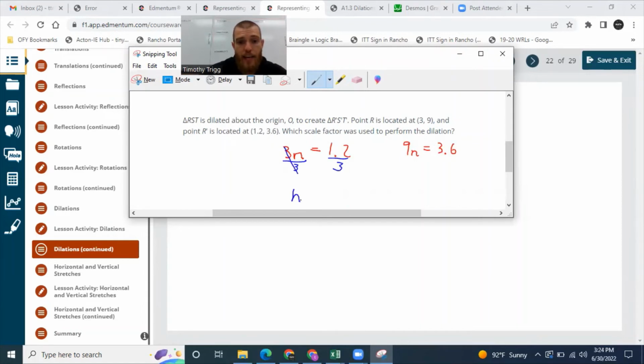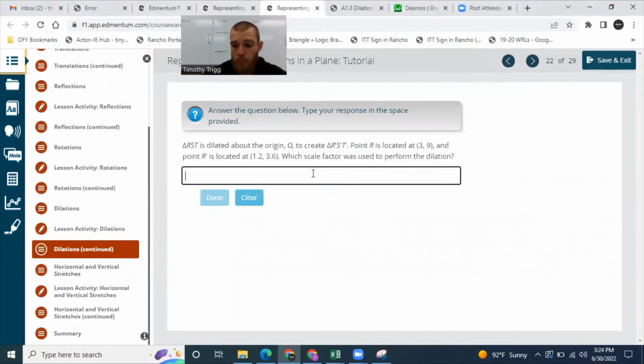So n equals 1.2 divided by 3, which gives us 0.4. And this one should give us the same value for n. If I divide both sides by 9 to cancel out the 9, leaving us with n, this would also give you 0.4. So you know your scale factor is 0.4.